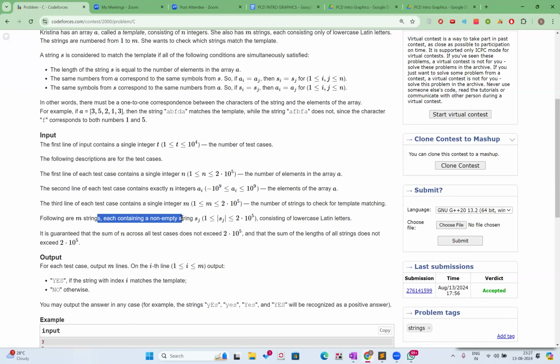The sum of the lengths of the strings will not exceed 2e5. So if we sum the lengths of all the m strings, it will not exceed 2e5. So we can loop over the strings as well. That won't be a problem because the total length will be less than or equal to 2e5.